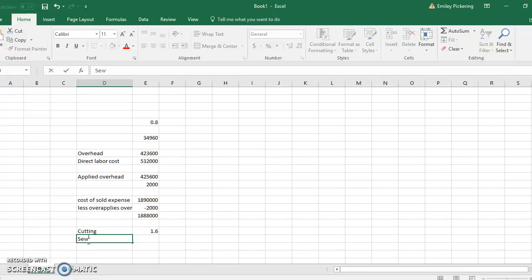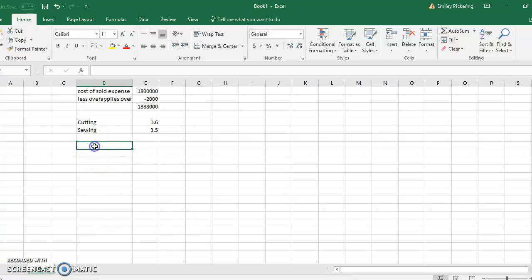Then for sewing, I'm going to take 350,000 in total overhead and divide that by 100,000 direct labor hours. That is 350 in overhead based on direct labor hours.